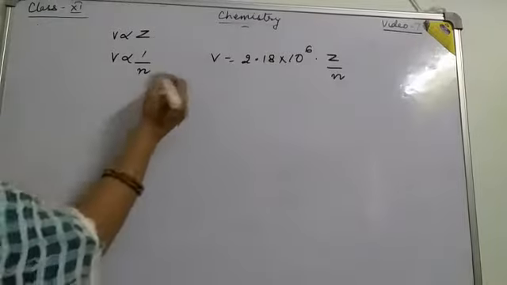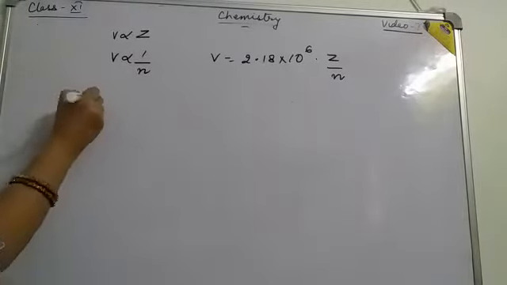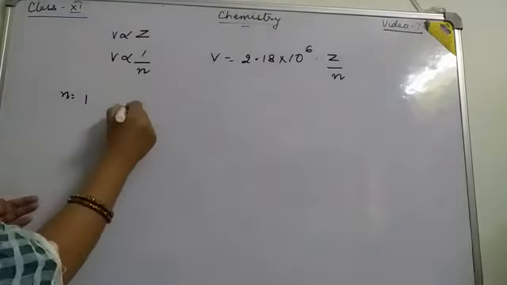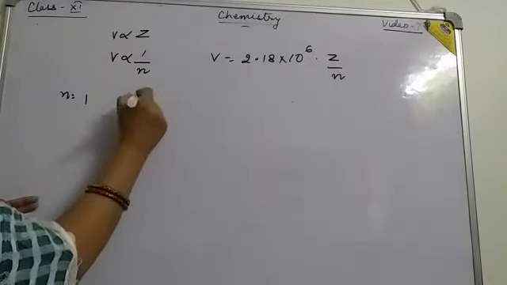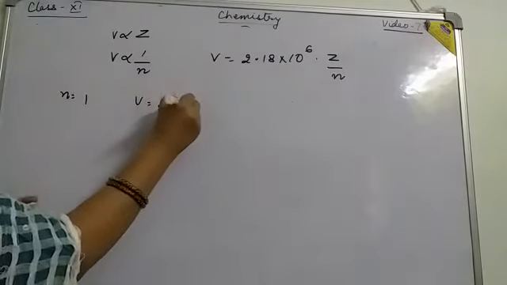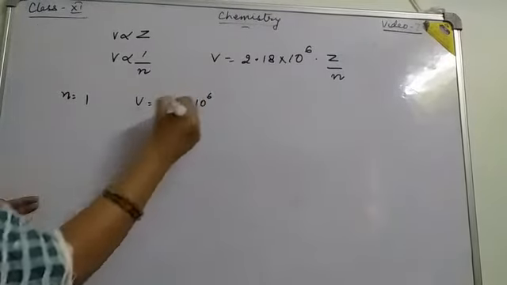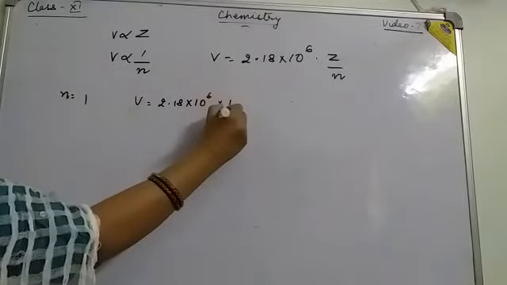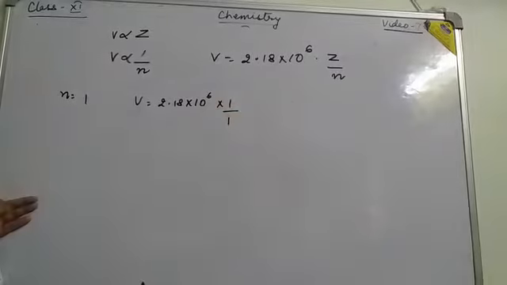If n equal to 1, then the velocity is v equal to 2.18 into 10 to the power of 6. For the hydrogen atom z is 1 and for the first shell n is 1.